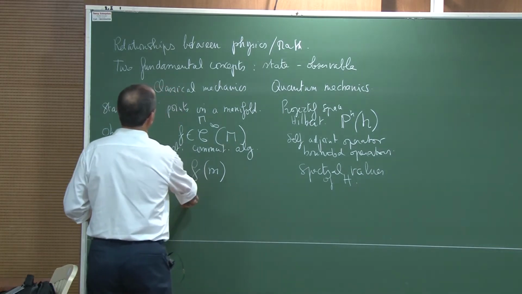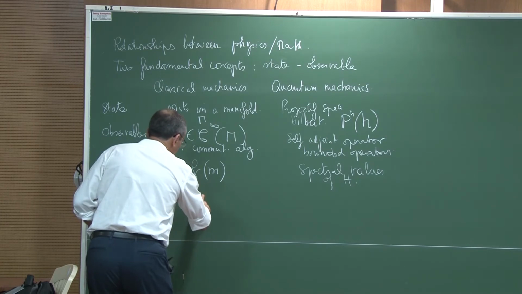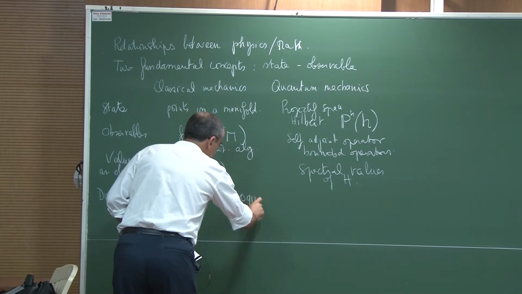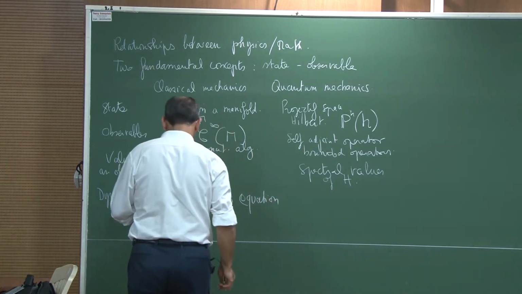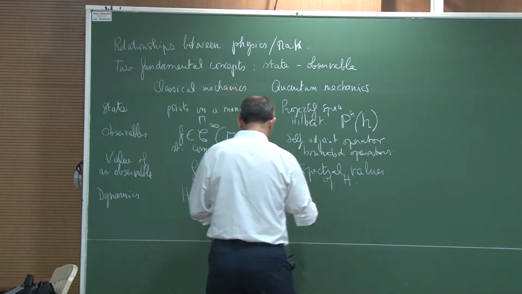Here for classical mechanics, it's ruled by Hamilton's equation. And of course, for quantum mechanics, this is Schrödinger equation.